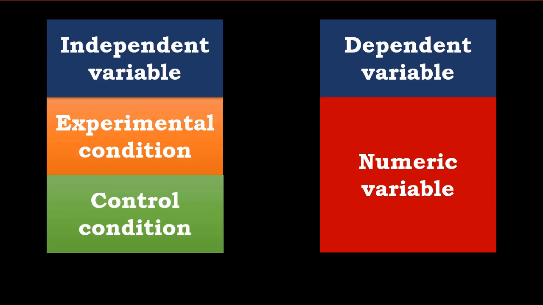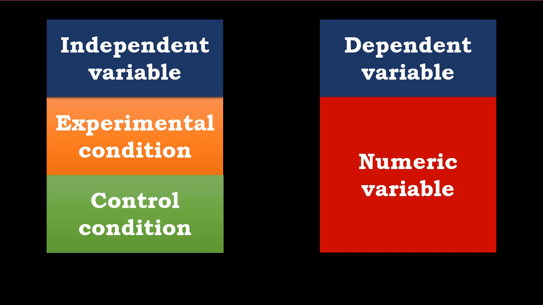Another instance in which we use this t-test is in which we have as independent variable two values, and one would be experimental condition and the other value control condition. So these are the two types of conditions.